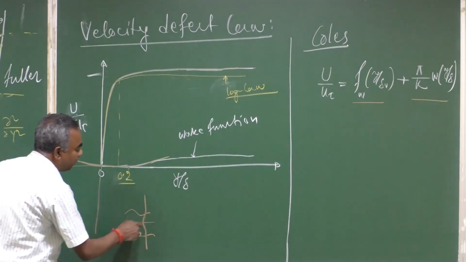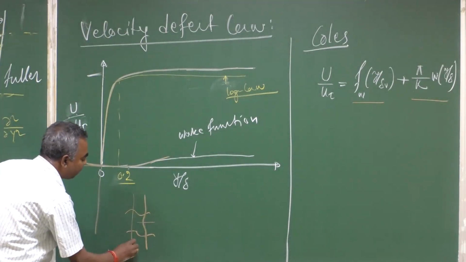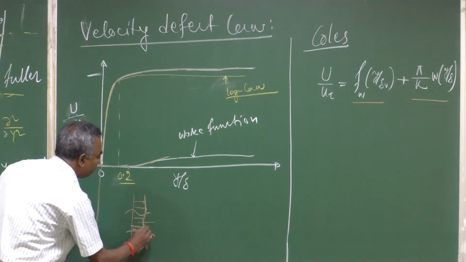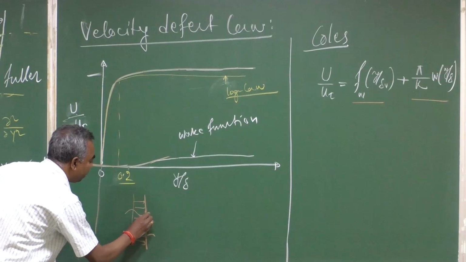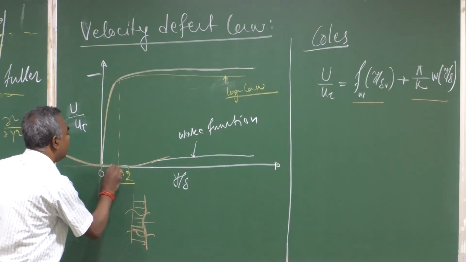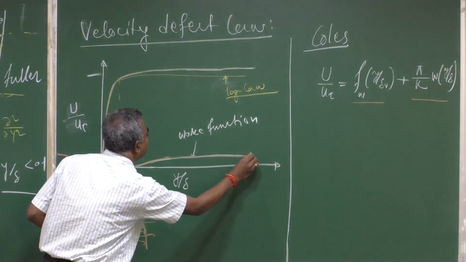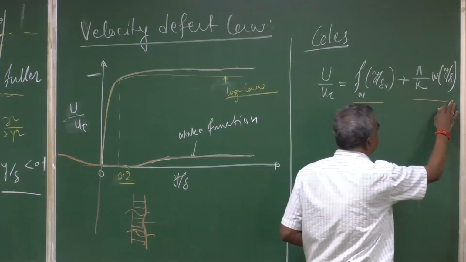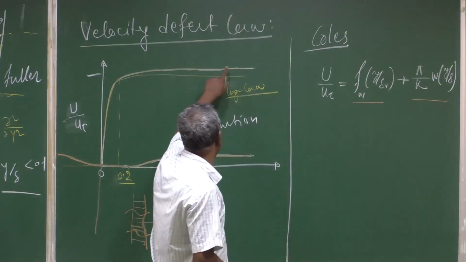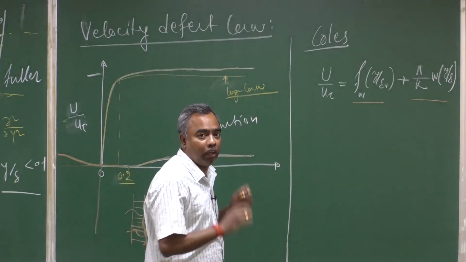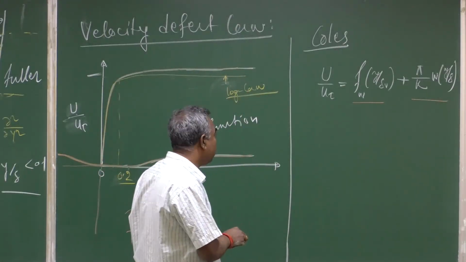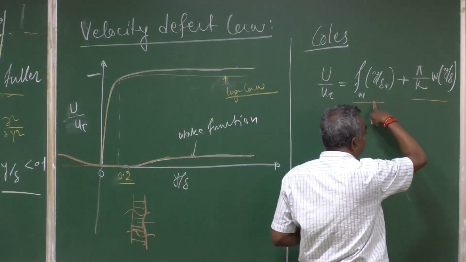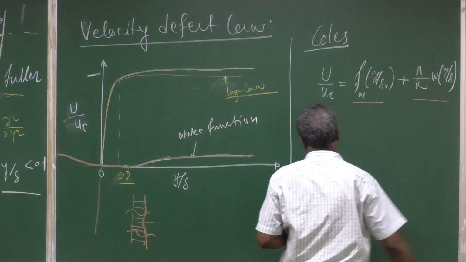So, due to this symmetry, due to this particular shape of this function, we are calling this a wake function. Okay. So, this is the consideration to represent the total velocity profile in a turbulent boundary layer, one using that inner law, and this is your wake.